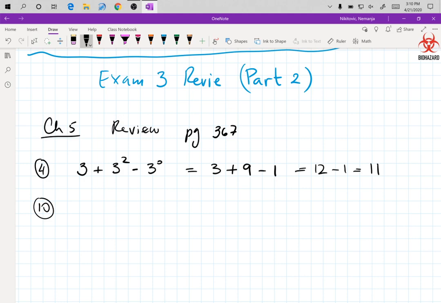A lot of problems would say simplify the expression. y squared times y cubed. We know the formula that when the base is the same, exponents add. So that's y to the 2 plus 1 plus 3, which is y to the 6.